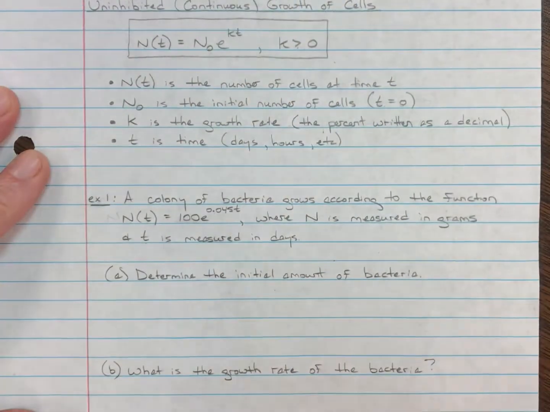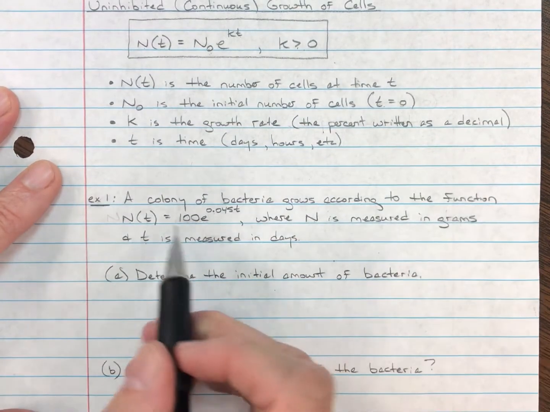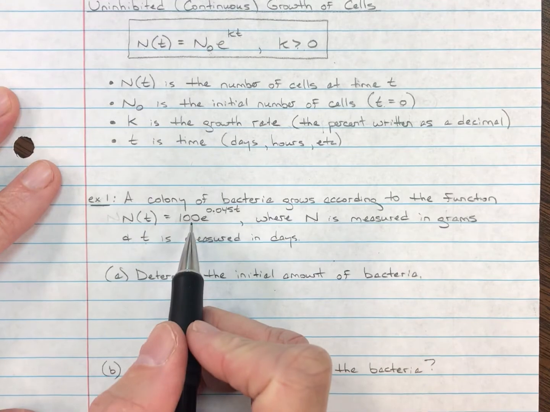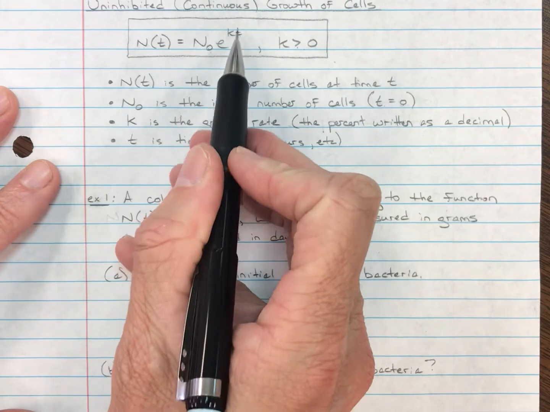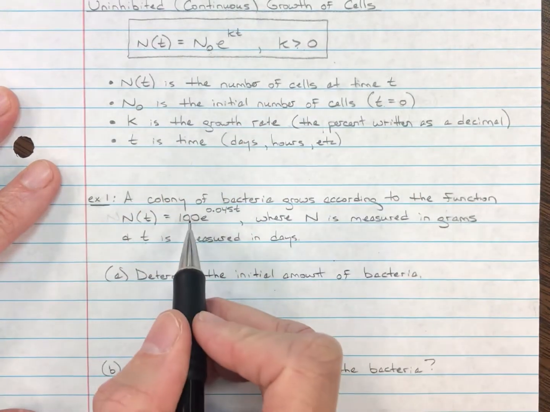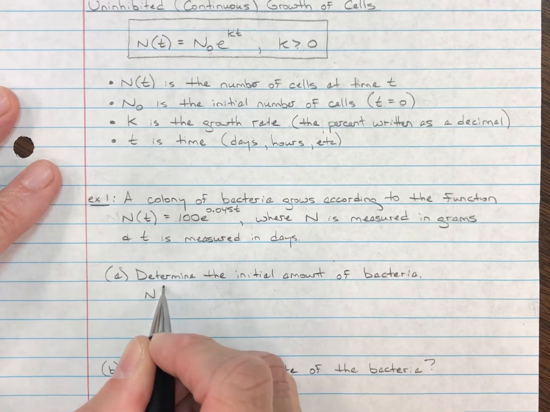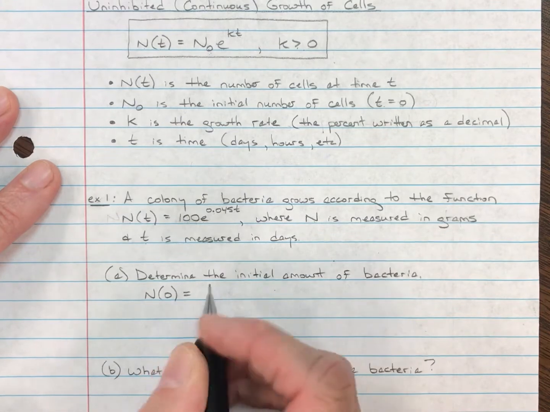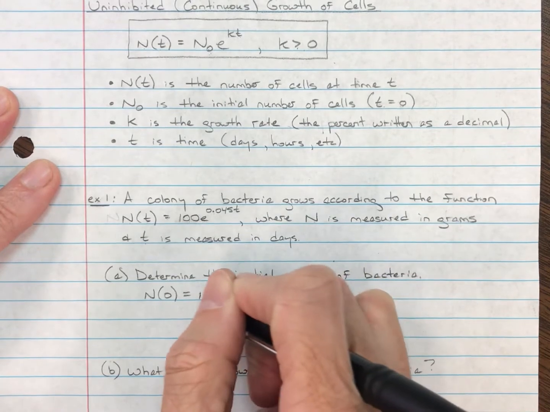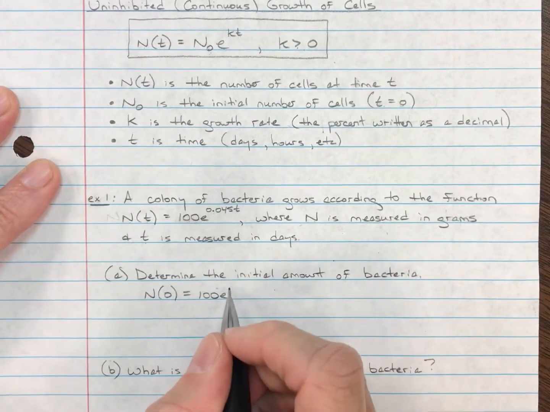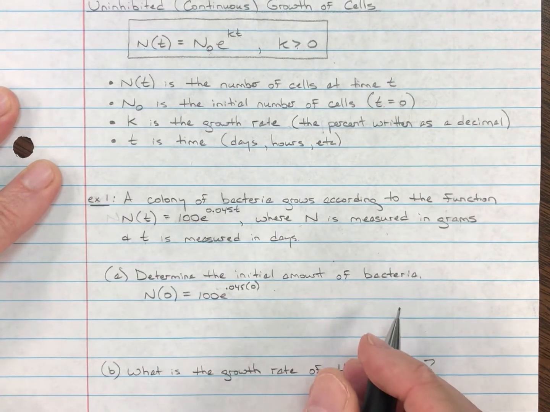Letter A, determine the initial amount of bacteria. Well, we can look at this equation and say the number in front of the exponent piece is the initial amount. So the initial amount is 100. We can also do it algebraically. N at time 0 is equal to 100 times e to the 0.045 times 0 power.